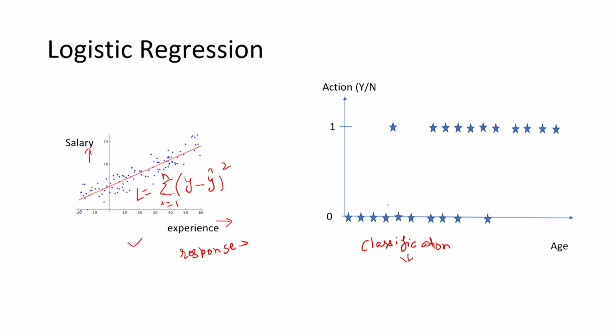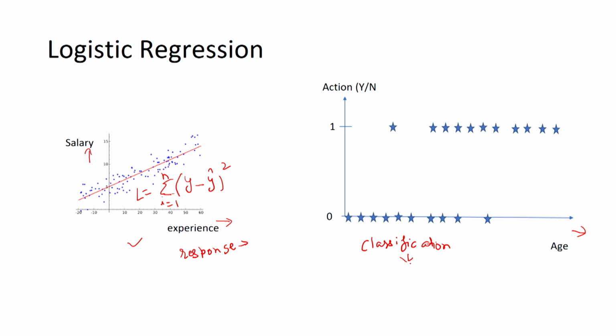Like if we see this example, here we have this variable age, and based on that age we are deciding whether the person will take any particular action or will not take the action.